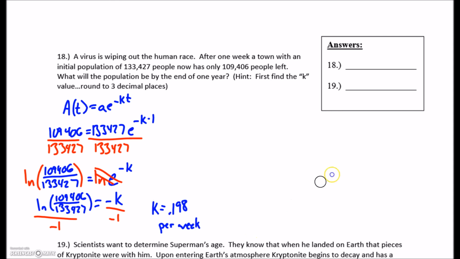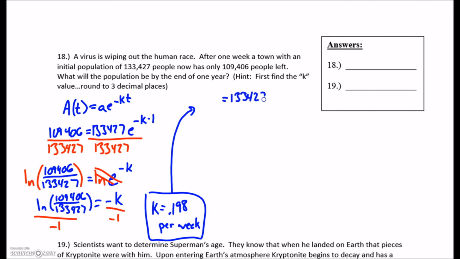And if you happen to get a negative k value here, it just means that you missed the negative sign when you first wrote down your problem. So now I'm going to use that k value and plug it in to make this prediction. I want to know how many people are going to be left after 1 year. So I start with the same initial amount. So the initial amount here is the 133,427 e to the negative 0.198.